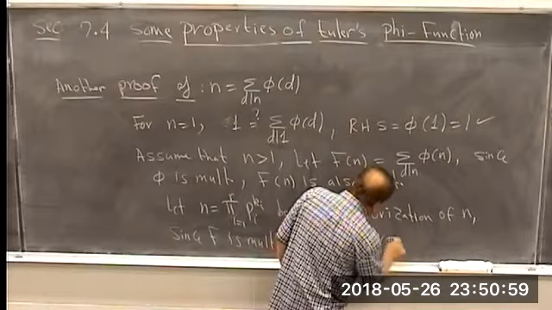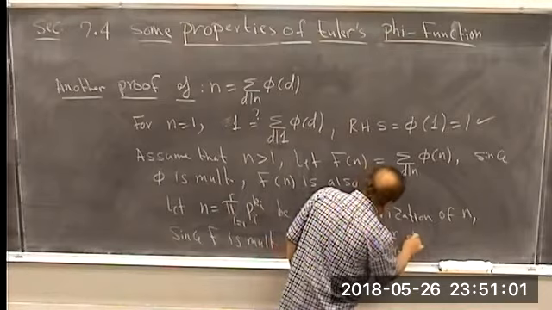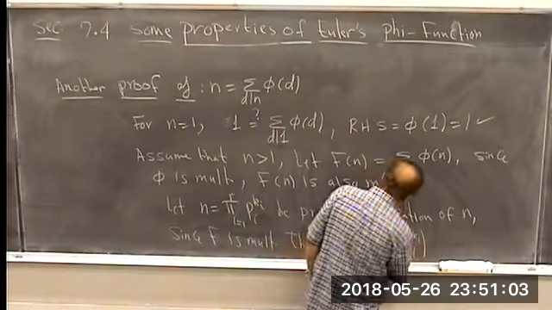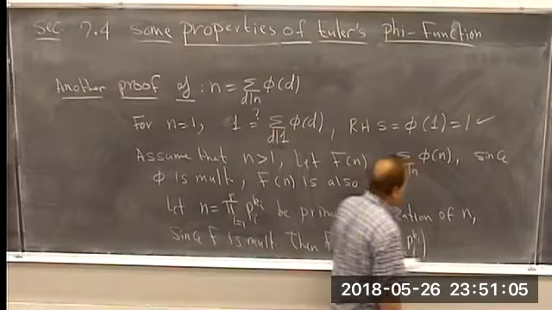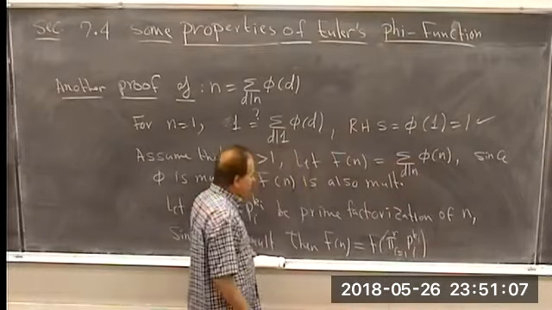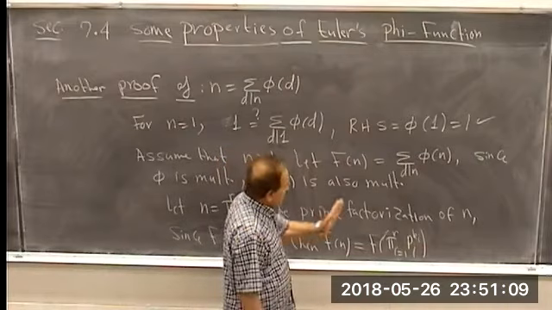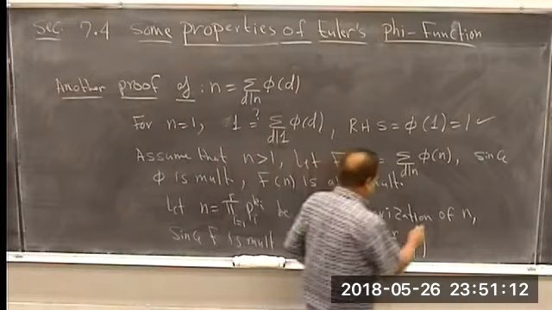All the primes are distinct, so I can take f of each one of them and then multiply them up.